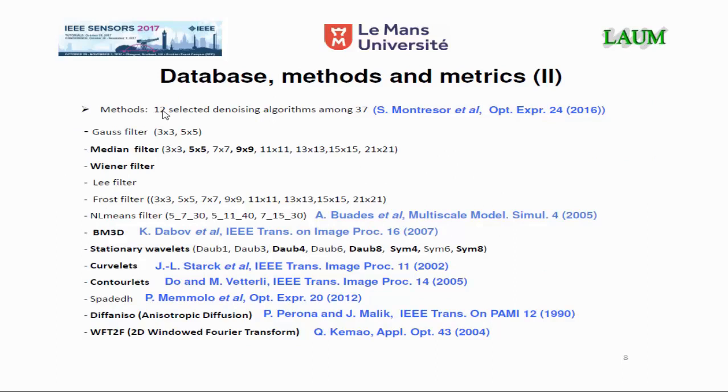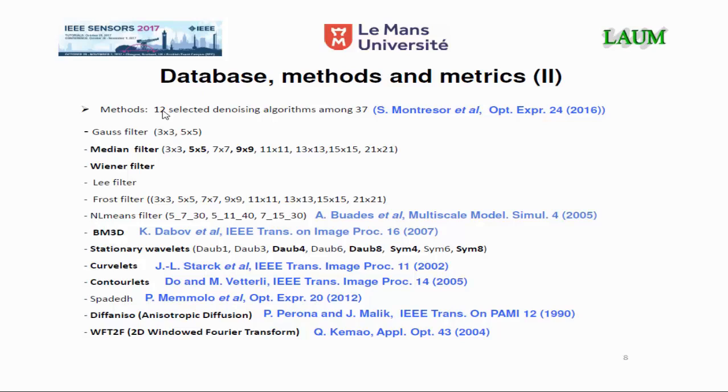In order to evaluate this algorithm, the 2D window weight Fourier transform, we have selected 37 methods, and we have extracted 12 selected denoising algorithms, which we can group into several classes, for example, the classic class with Gauss filter, Newton filter, Wiener filter.